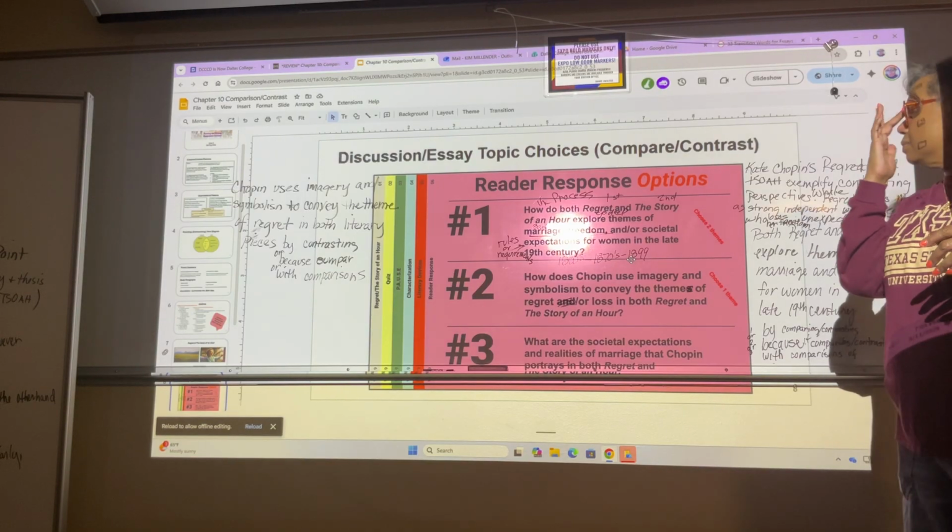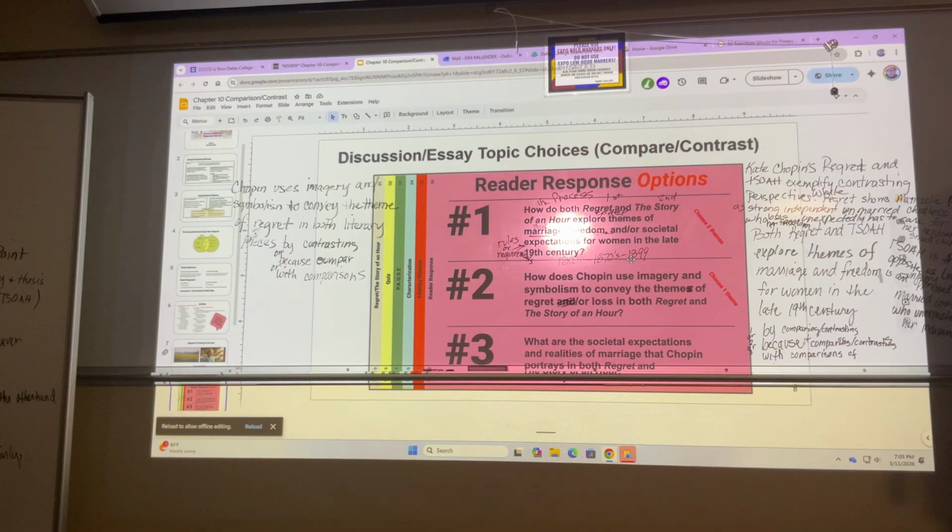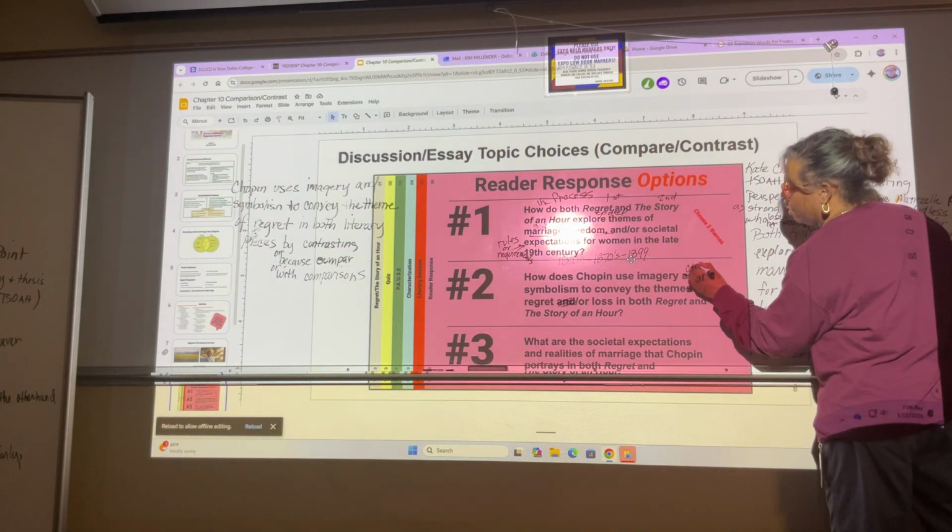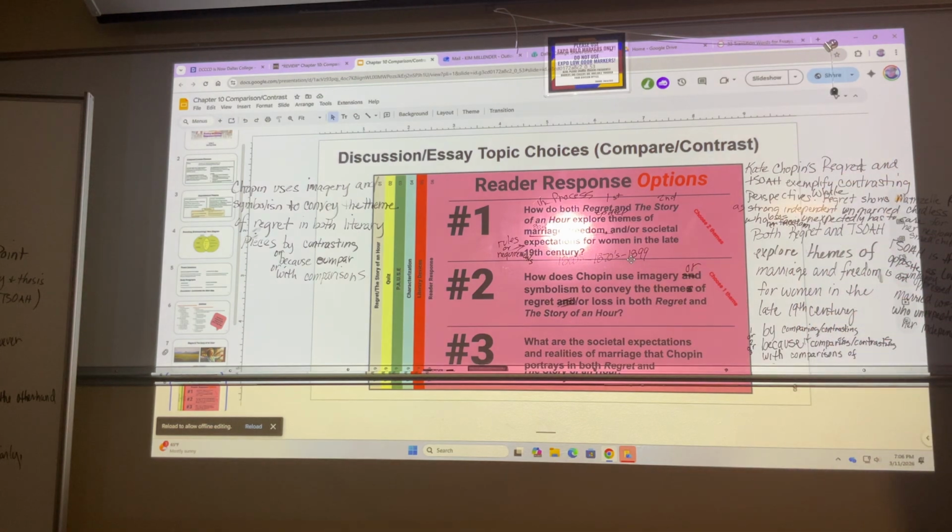Let me see. For regret, we can say that she regrets her freedom. Take a picture of that, because you can use imagery or symbolism to convey the theme of regret or loss.